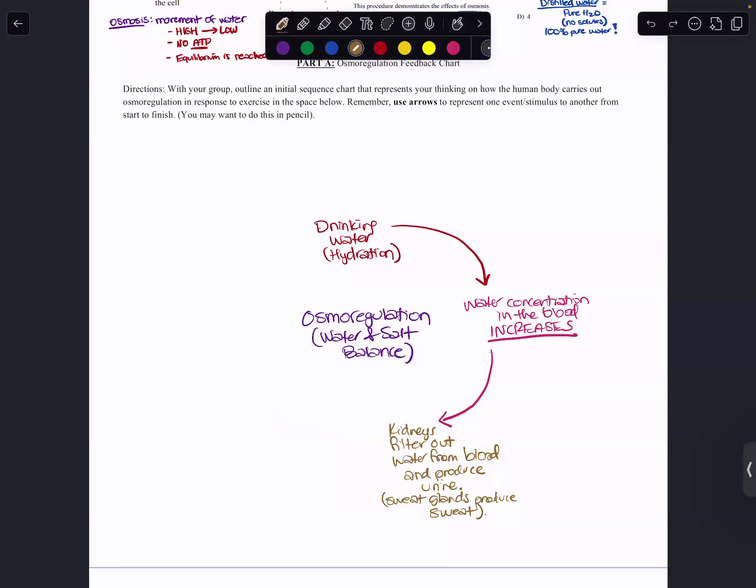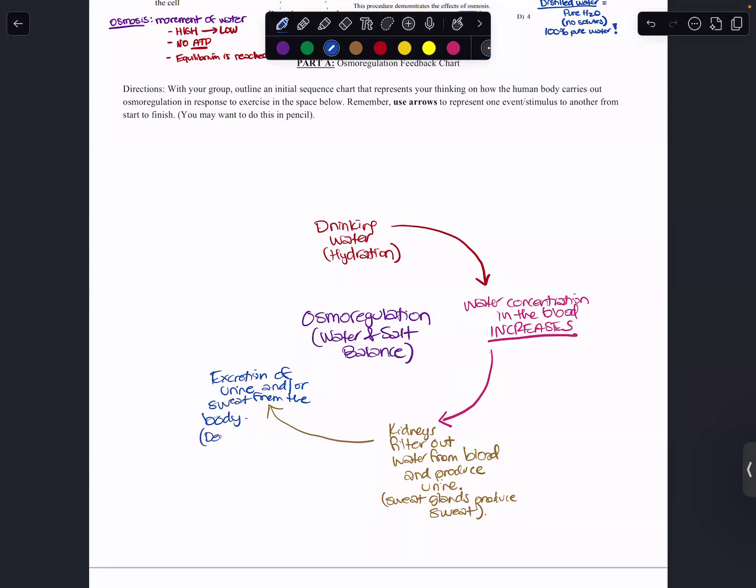Now, from there, that arrow was hideous. Okay, still hideous, but that's okay, right? From there, we have excretion, right? So the removal of wastes, of urine and or sweat from the body, right?